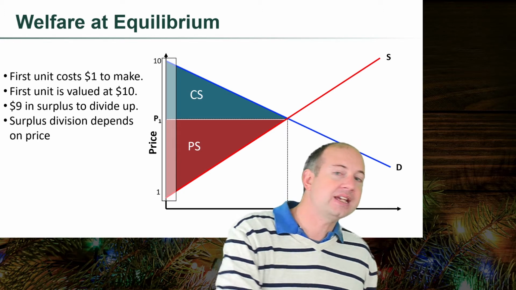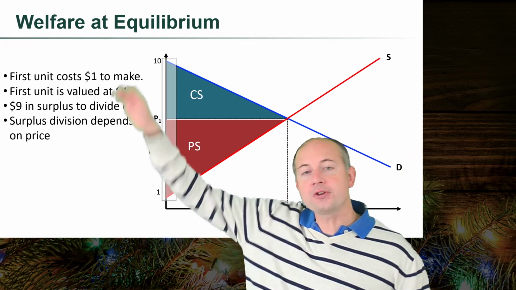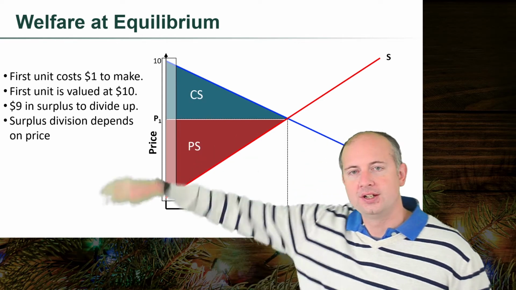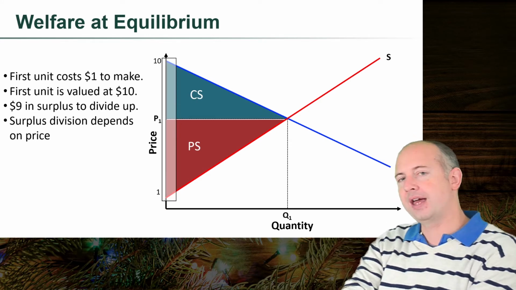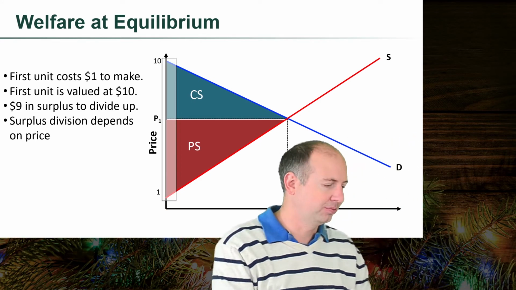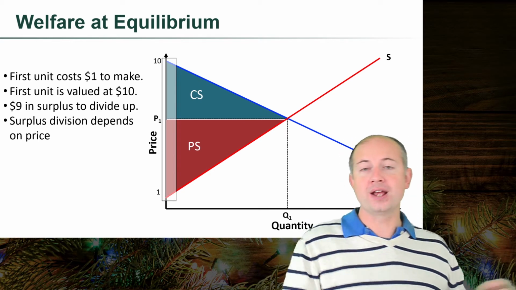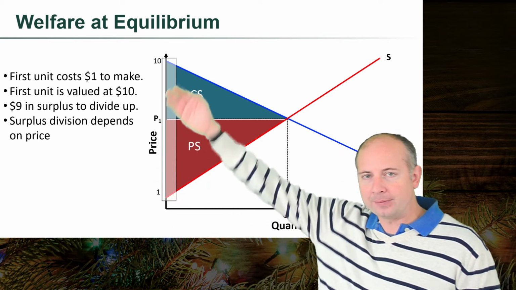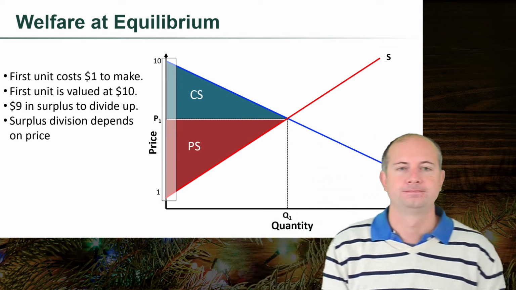It cost him $1 to make it, he sold it for $1. He would get 0 surplus. The other person would get the full $9. They valued it at 10, they only paid 1, so that person would get $9 in surplus. So again, whatever the price is, the fact that Dwight makes it and someone else consumes it means that we are getting $9 in surplus.